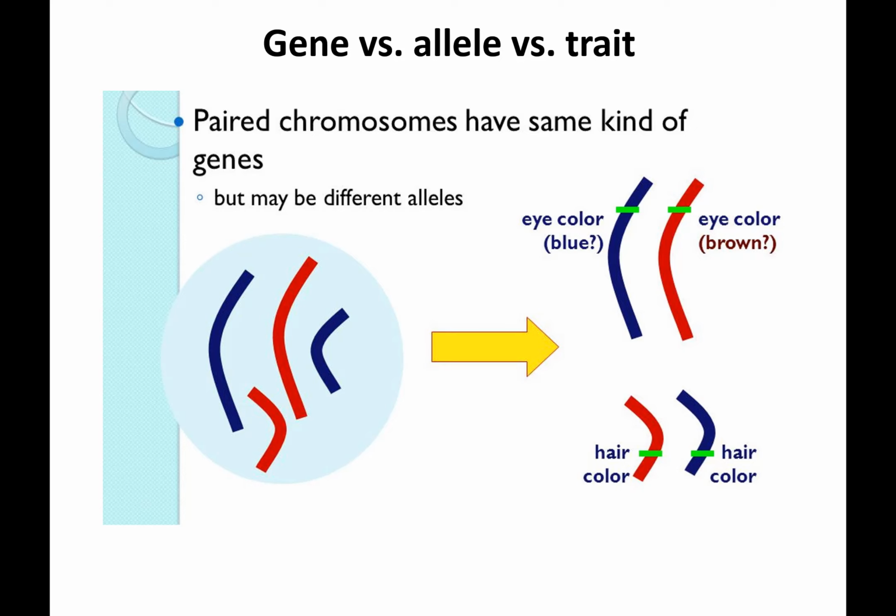All right, so let's make sure we have our definitions. So the gene is the DNA sequence, and the allele is the version of that DNA sequence.